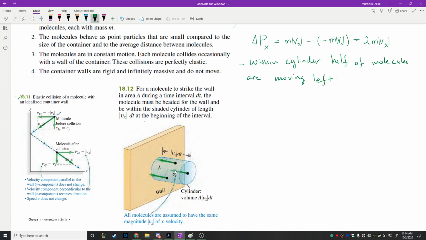And we can say then that the number of collisions that occur with the wall is going to be related to the number of particles per unit volume that are moving left. So this is going to be equal to the number of particles of the gas that go left per unit volume, multiplied by the volume of the cylinder.